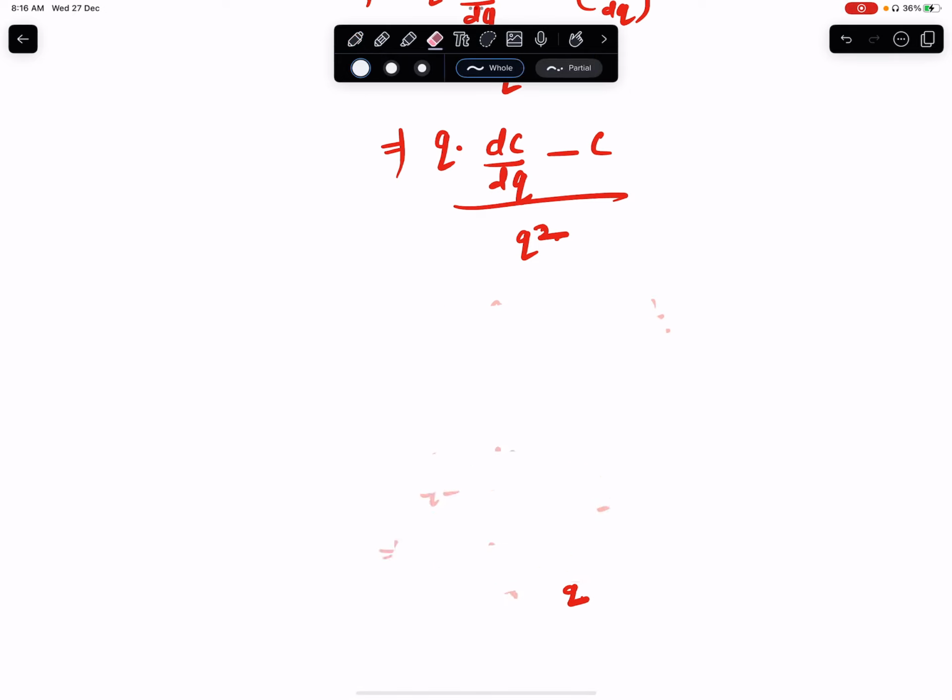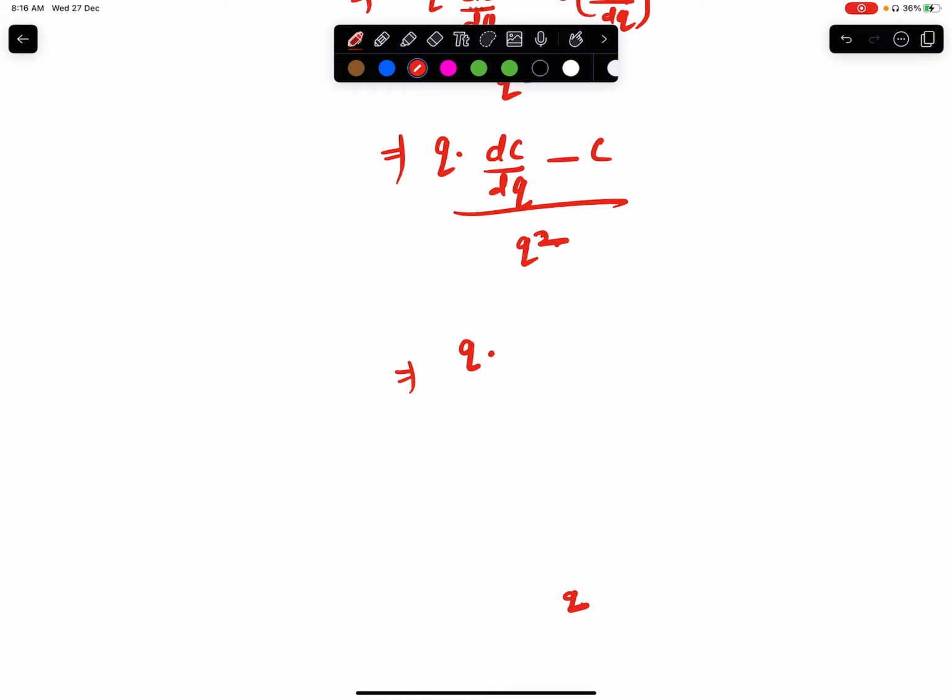This is Q into dc by dq minus C by Q square. So Q into dc, what will we do?